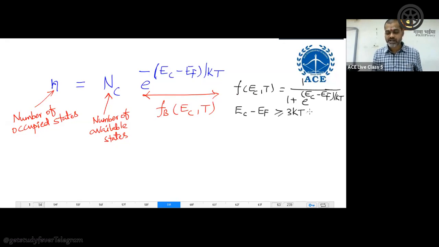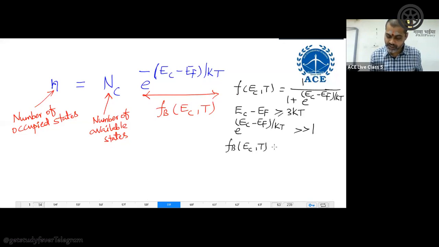If this condition is satisfied, e power (Ec minus Ef) divided by kT is much greater than 1. Then what is FB of Ec comma T? The 1 you can neglect here. It is e power minus (Ec minus Ef) divided by kT, and that is what we have written there.